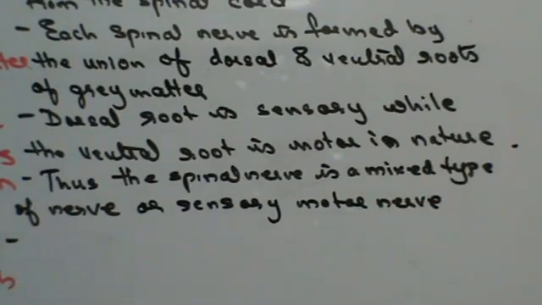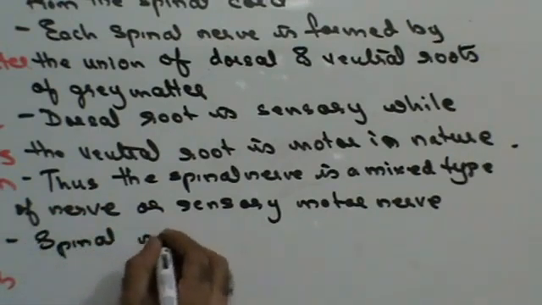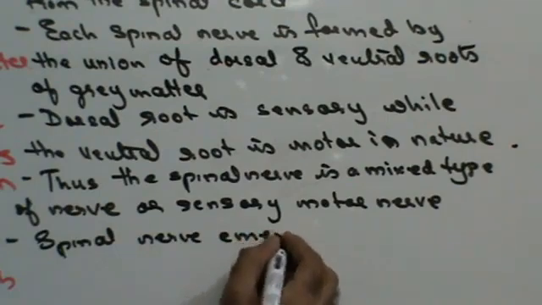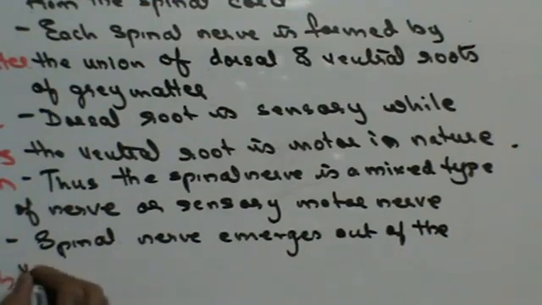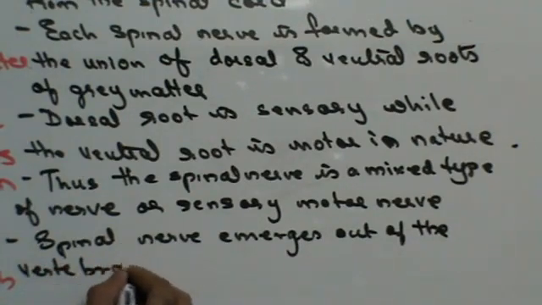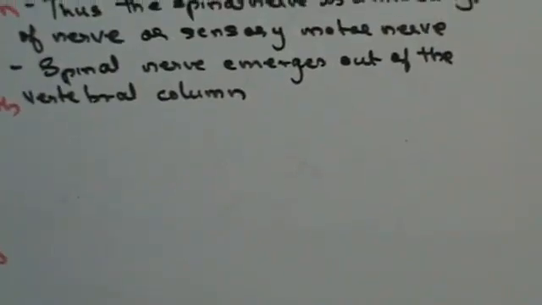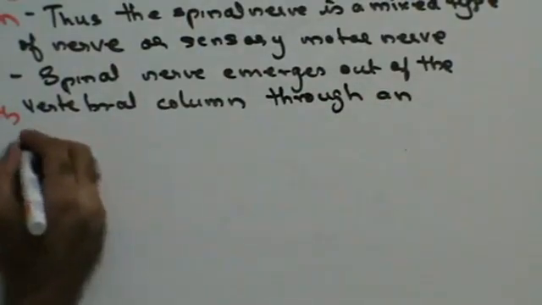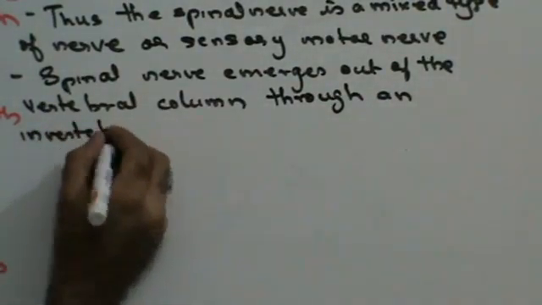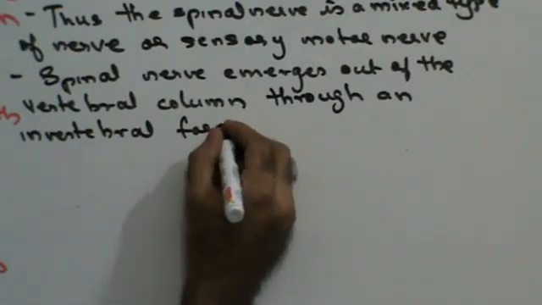Right? Spinal nerve emerges out of the vertebral column through an intervertebral foramen.